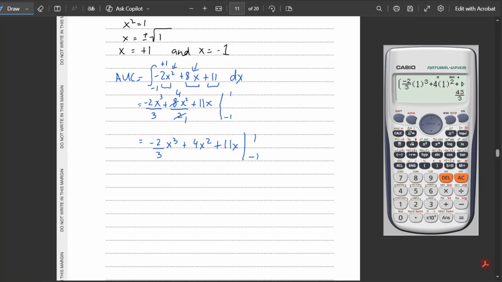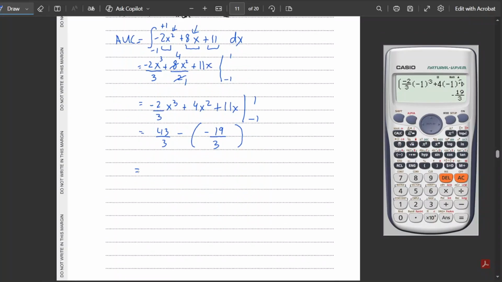All of this is going to solve out to give me 43 over 3. And then I have to subtract this other term that I can find out by putting a minus over here, a minus over here, as well as a minus over here. This is going to give me negative 19 over 3. So negative 19 over 3.